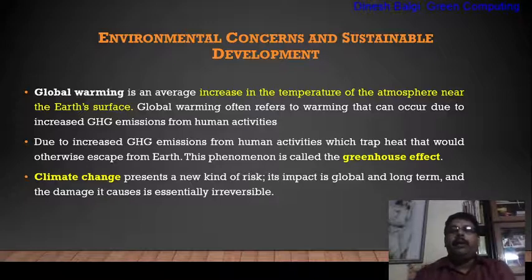Because of that, the atmospheric temperature is increased because of these GHG, what we call greenhouse gases. It is increasing the temperature at the Earth surface, and global warming can be called a warming that can occur due to increased greenhouse gas emissions from human activities.